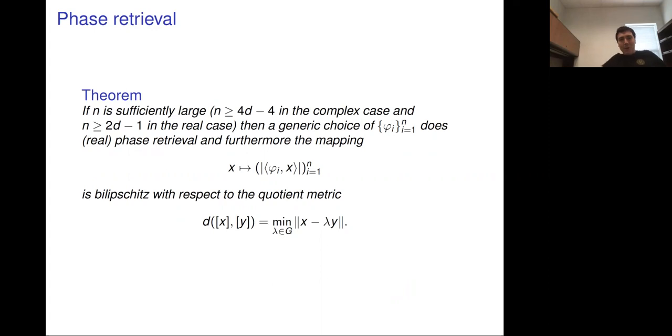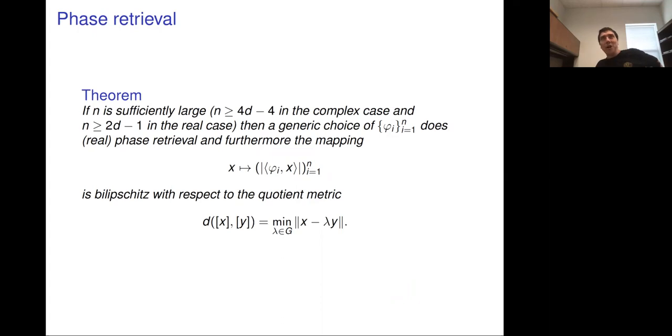The point is that if n is big enough, where n is the number of vectors in my list, then choosing those vectors generically, you'll get a set of vectors that does phase retrieval. By big enough, I mean bigger than 4D minus 4 in the complex case, and bigger than 2D minus 1 in the real case, where D is the dimension of the underlying space.